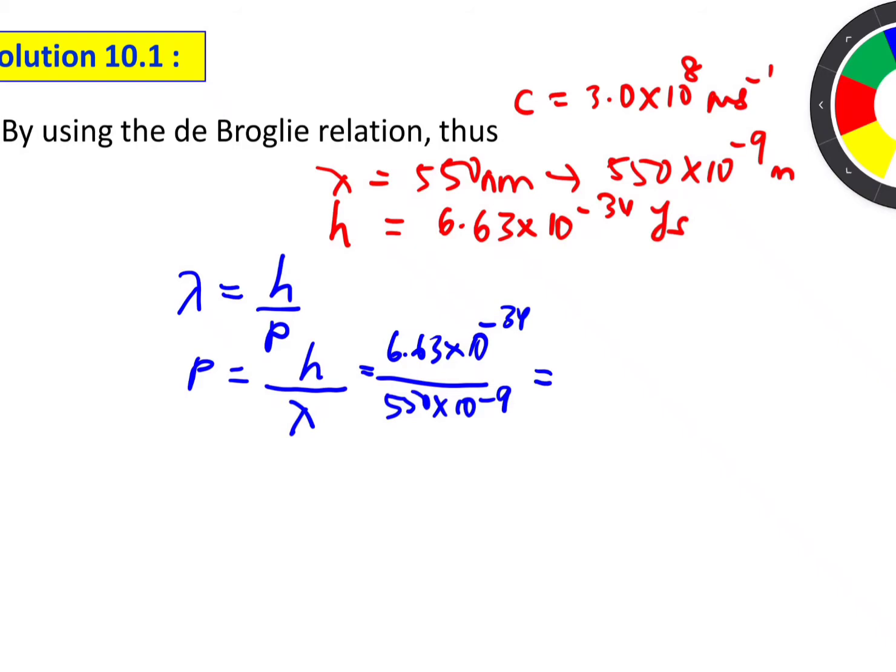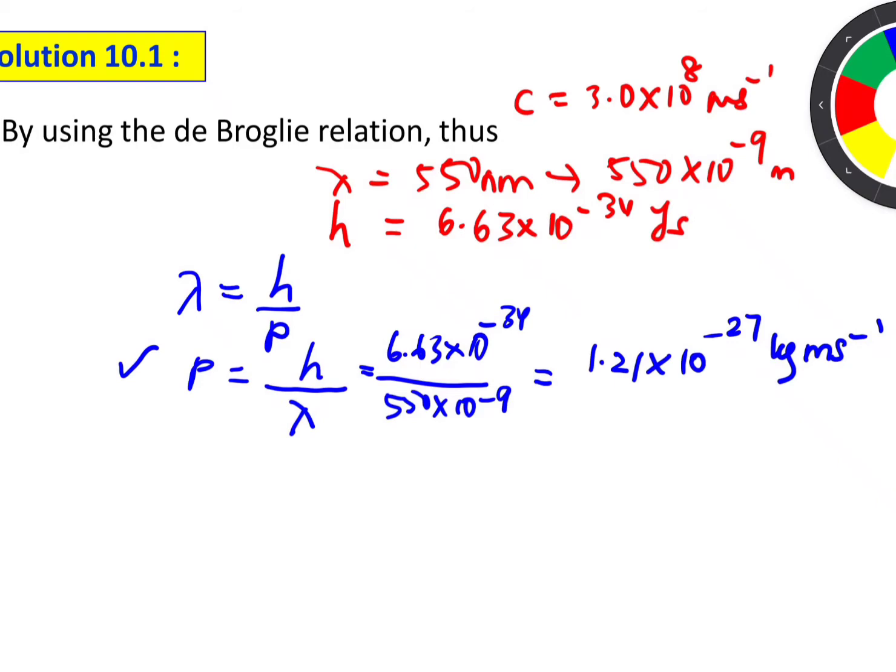Substitute the value, we get the answer is 1.21 power of negative 27 kilogram meter per second. Okay, so kita dah dapat jawab untuk momentum.